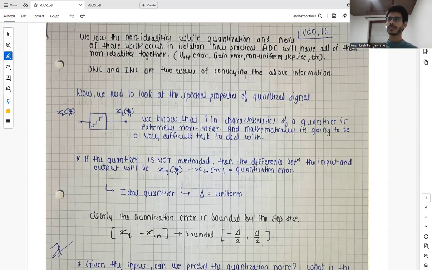So until now we have an idea of what quantization is. So then we say that we have X in to the quantizer. So this X in is continuous or discrete? Can anyone tell me?